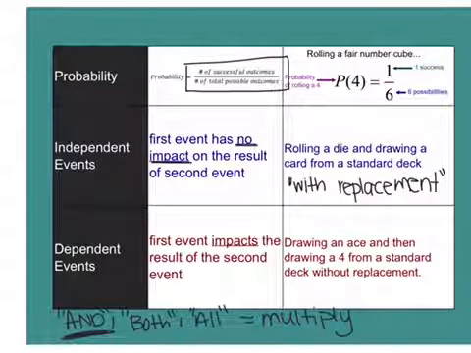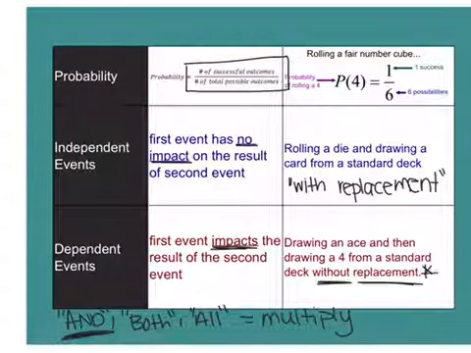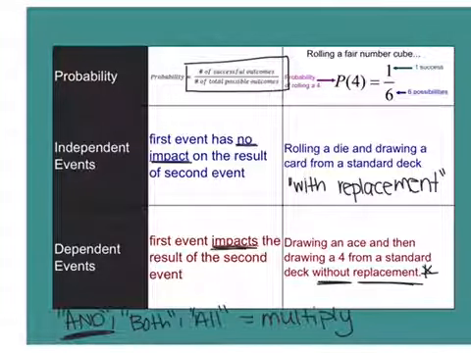Okay? Dependent events is when the first event impacts the result of the second event. So if I draw an ace and then I draw a 4 from a standard deck without replacement, that is such a big word right there, without replacement. Basically, that means the number on the bottom of my fraction, the total outcomes I have, are going to change.